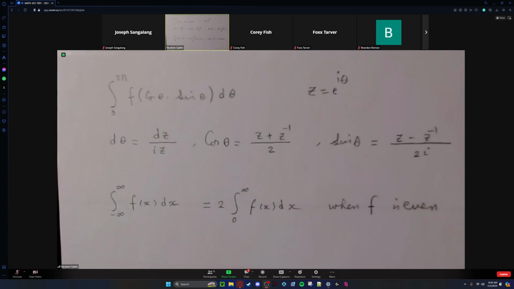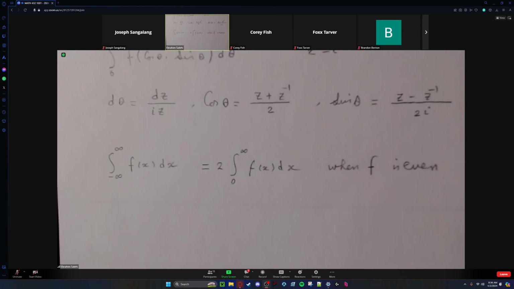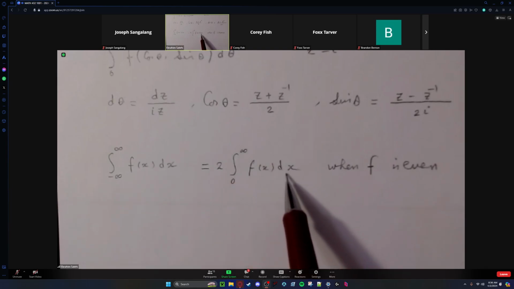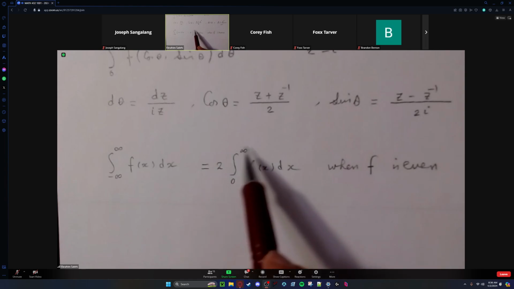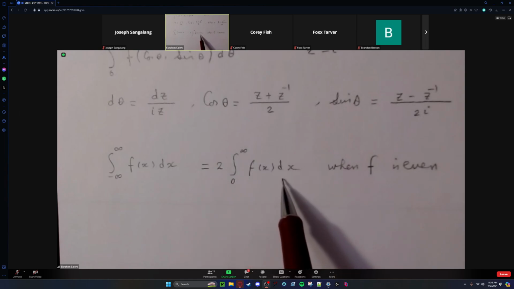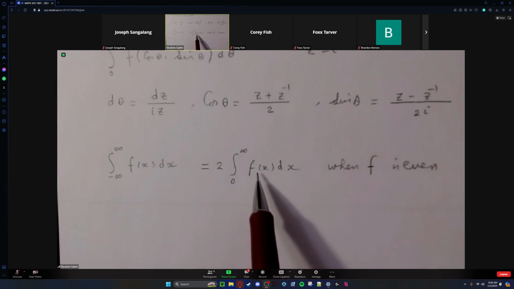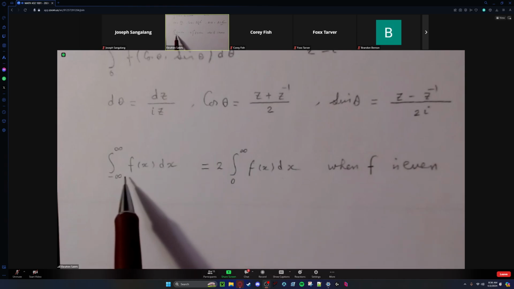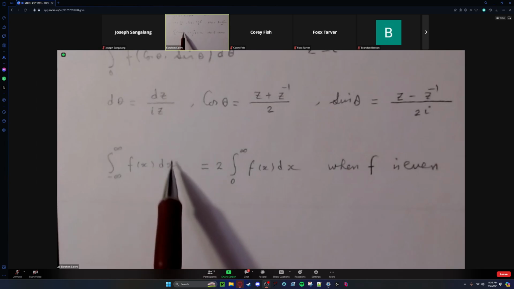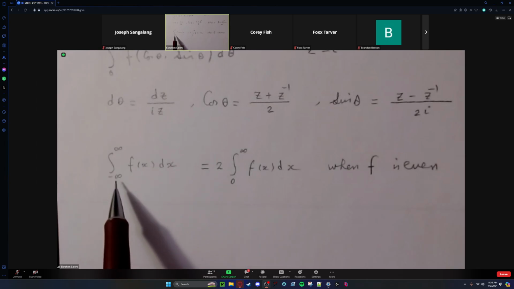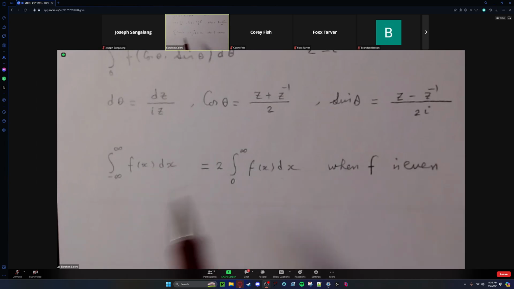Okay, then what happened, you're supposed to, for example, find a value for this, but when the function is even, you will work with this one, and half of that will be this one.